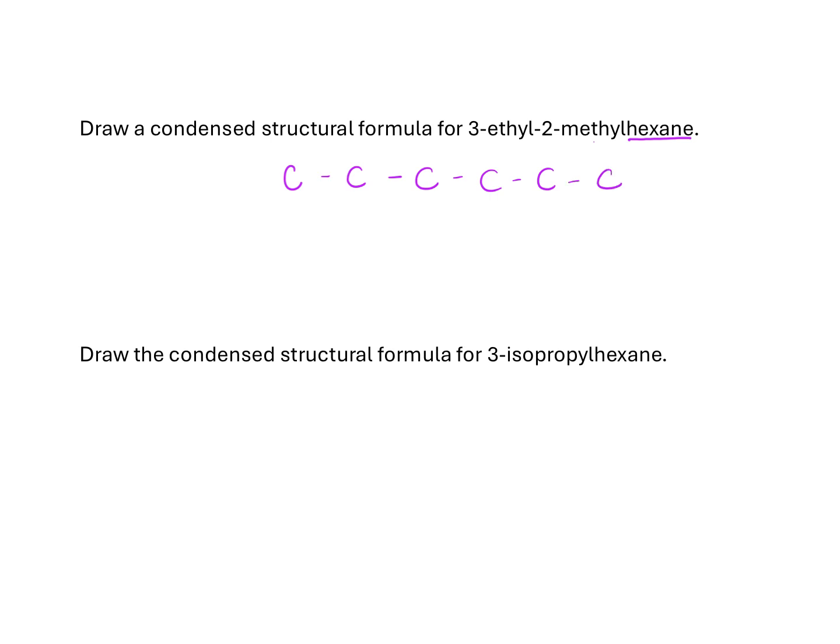So I have my 6 carbons, right? And then I'll count 1, 2, 3, and then put in my ethyl. My ethyl group, I know, is going to be a CH2, CH3. And then in the second position, there's a methyl, which is a CH3 here.